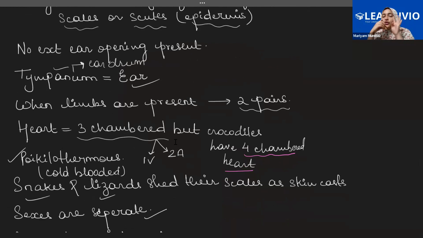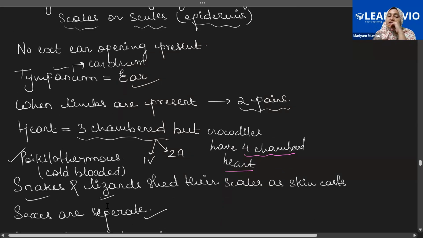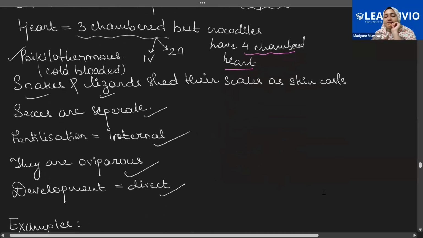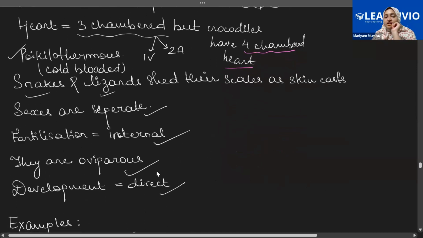Crocodiles have a four-chambered heart, just like us. Reptilians are also poikilothermous, meaning they are cold-blooded. Snakes and lizards shed their scales as skin cast. After a while, they would shed their scales to bring new scales. Sexes are separate in them. Fertilization is internal and they are oviparous.